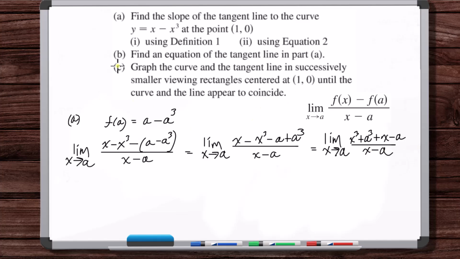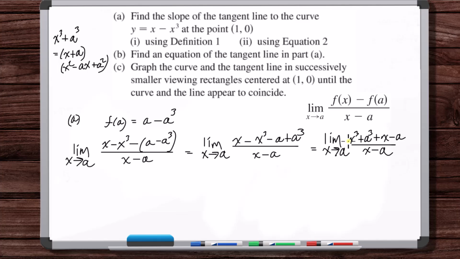And so, okay, we know that the sum of two cubes, so x cubed plus a cubed, is x plus a times x squared minus ax plus a squared. And let's see, I think I messed this up.